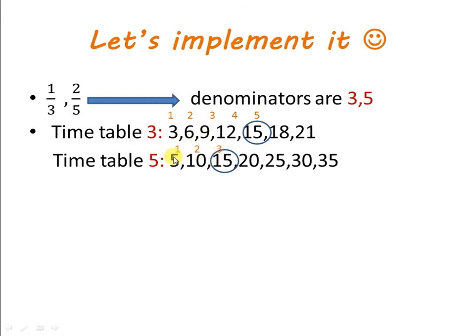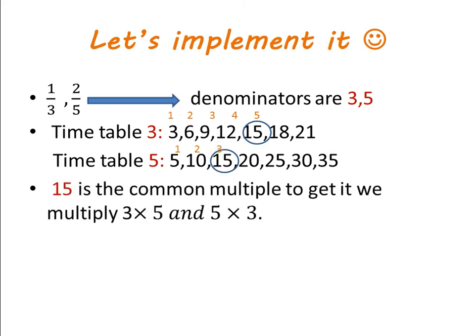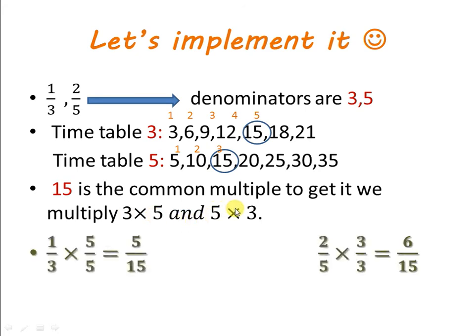Let's count how many steps we have to get 15. 1, 2, 3 steps. And this means I should multiply 5 by 3. So again, the common multiple is 15. And to get 15, we have to multiply 3 by 5 and 5 by 3.